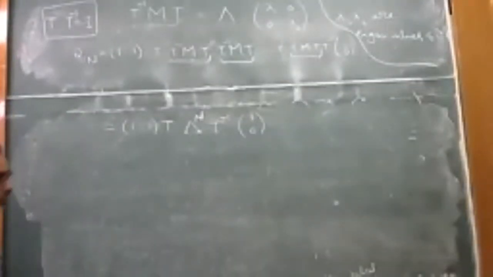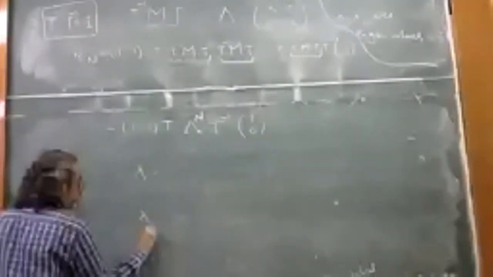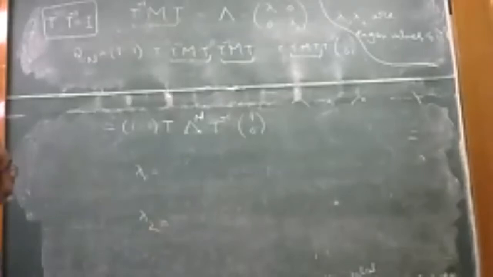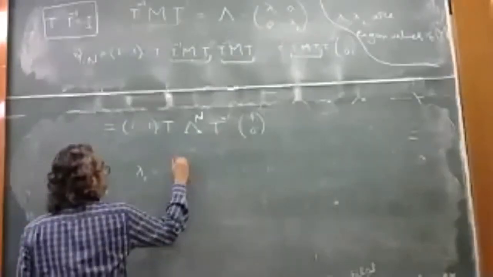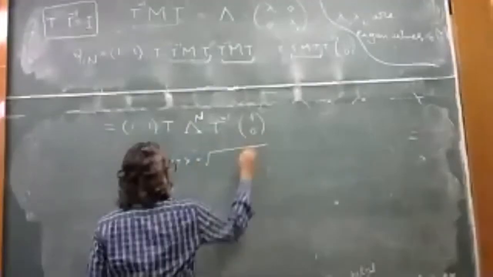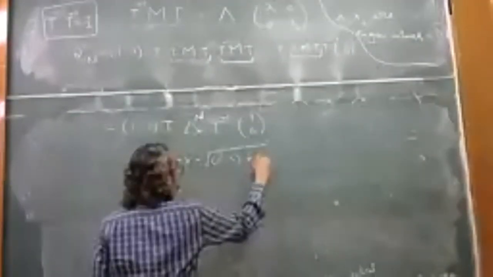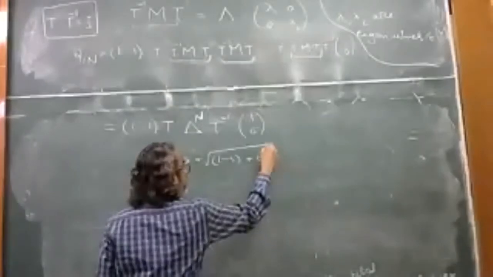Sir, I have a question. Why do you multiply the 1 1 matrix in front? What is the necessity of that?